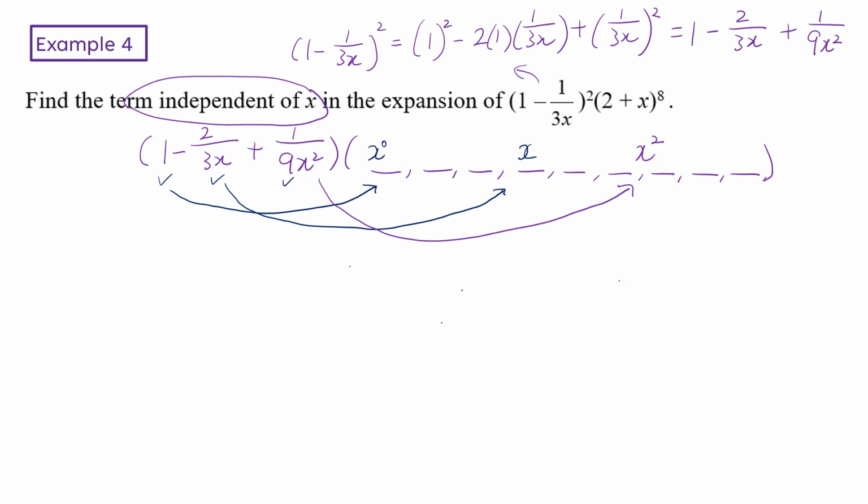So this expansion is the crucial one. I need to get my x to the power of 0 term, my x term, and x squared term. That means I need to use the general term formula that we learned just now, which is T(r+1) equals nCr a^(n-r) b^r.